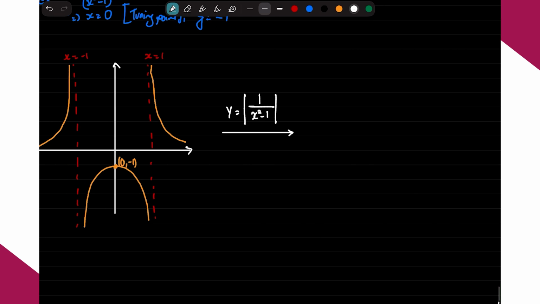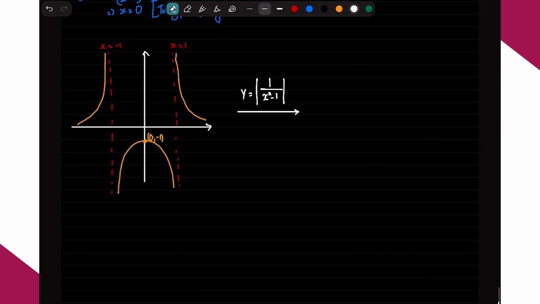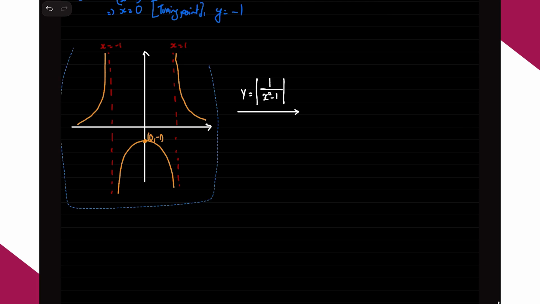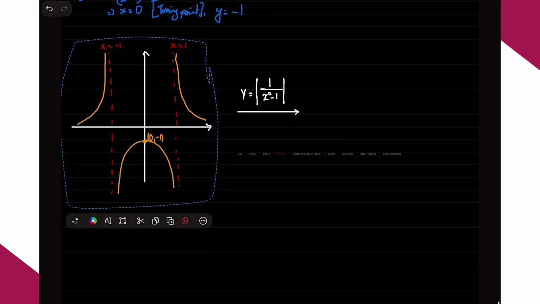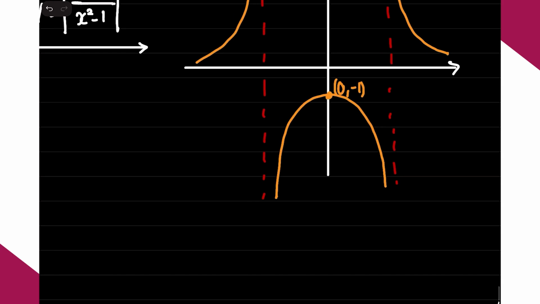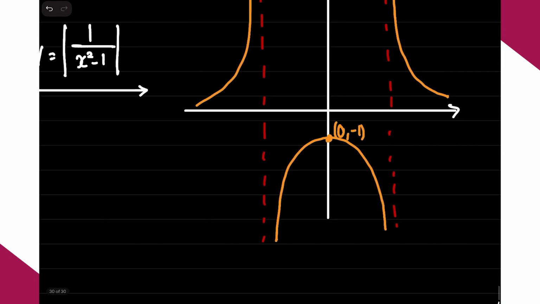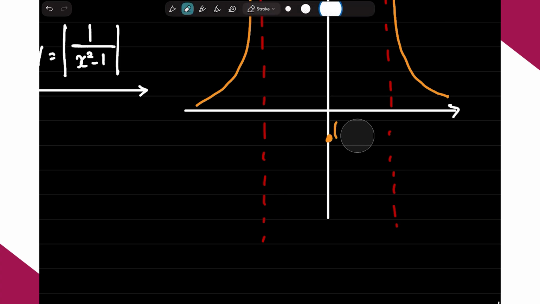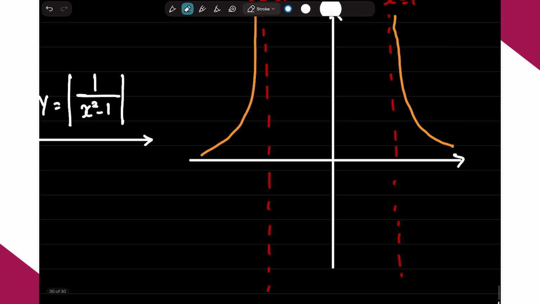In our exam, obviously, you're not going to have an iPad with you, but I'm going to paste the same graph. You could use a pencil and an eraser. All we need to do is flip the graph for the side that is going to be your absolute value.